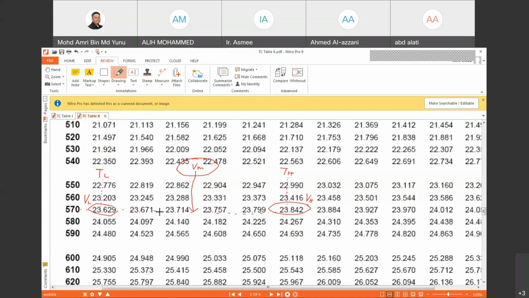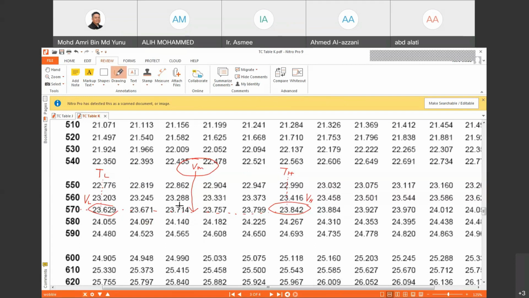I can use these two points or other points as long as VM is in between, because this is linear interpolation.